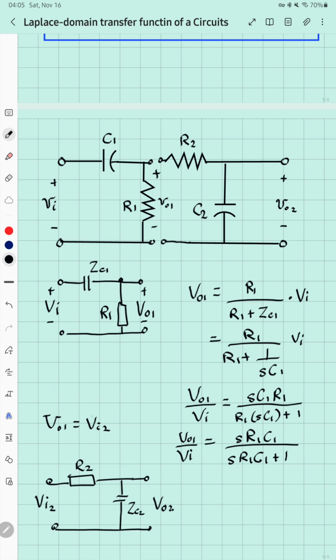They will still be capital letters. VO2 is, again, same thing, voltage division: ZC2 over ZC2 plus R2, times V in 2.